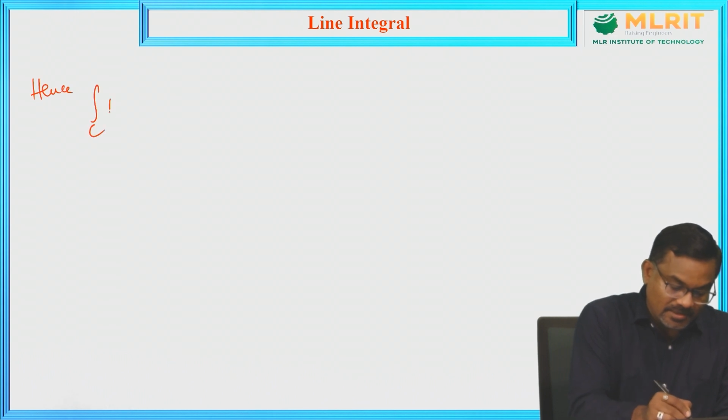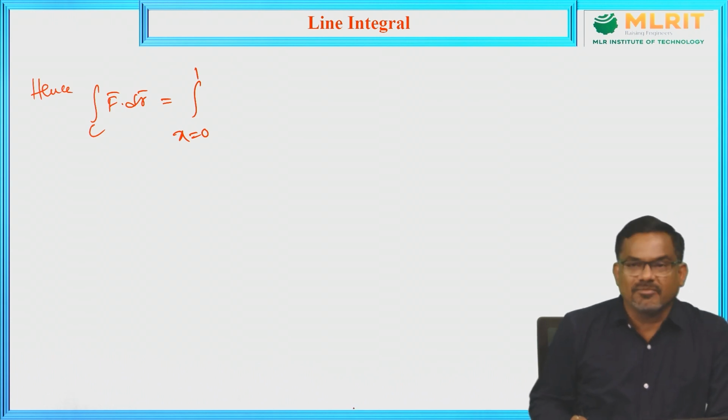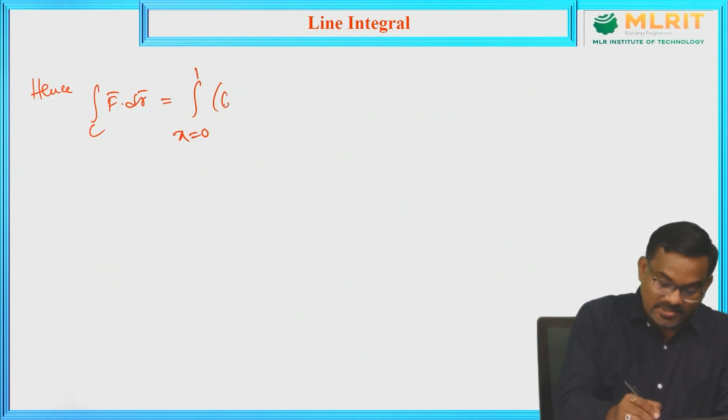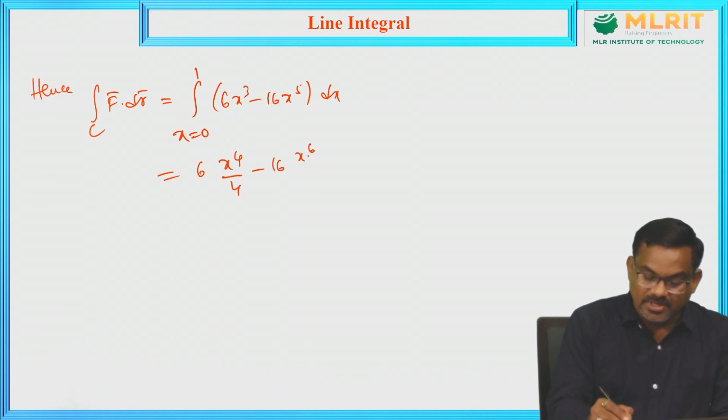Hence, the integral of F bar dot dr bar is equal to the integral for x from 0 to 1 of 6x cube minus 16x power 5 dx. Which is 6 into x power 4 by 4 minus 16 into x power 6 by 6 from 0 to 1.